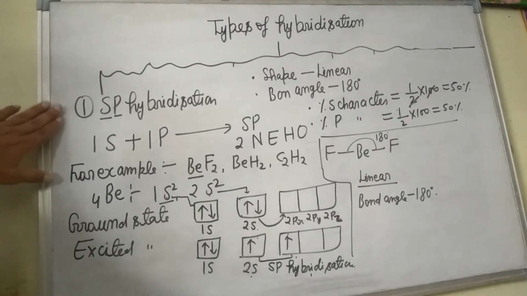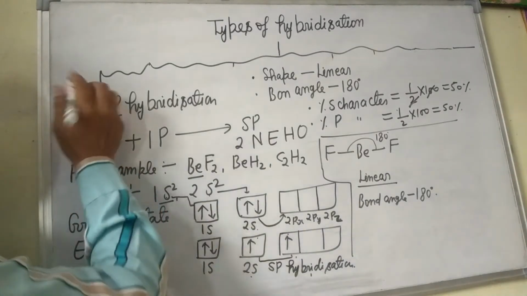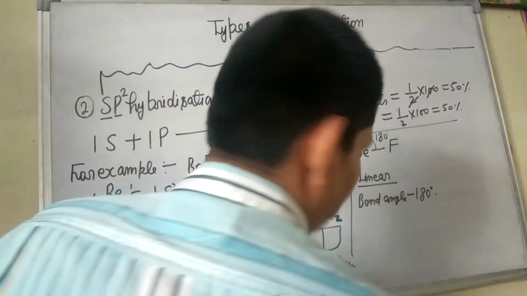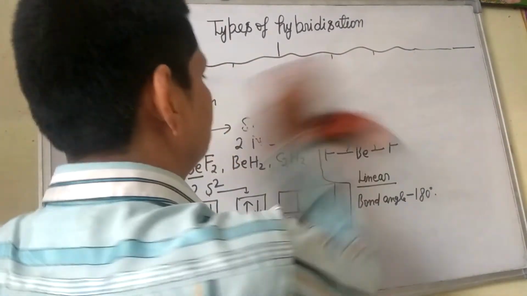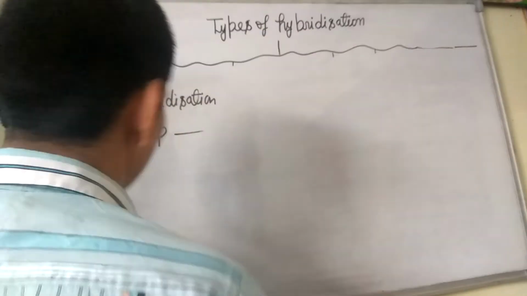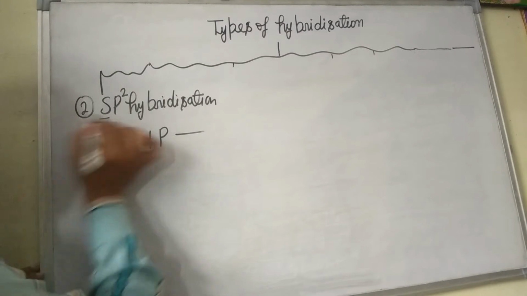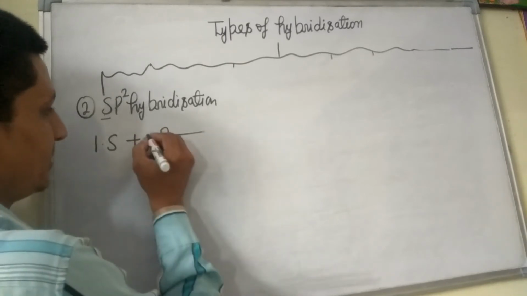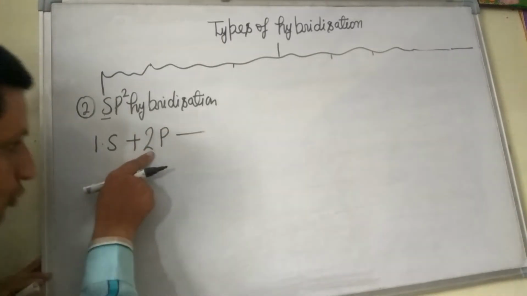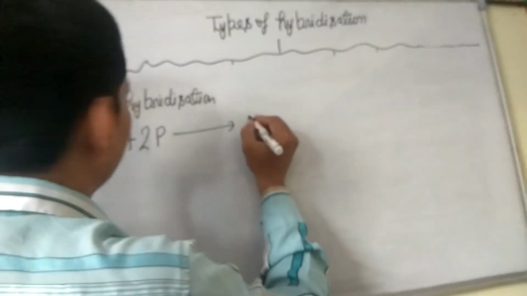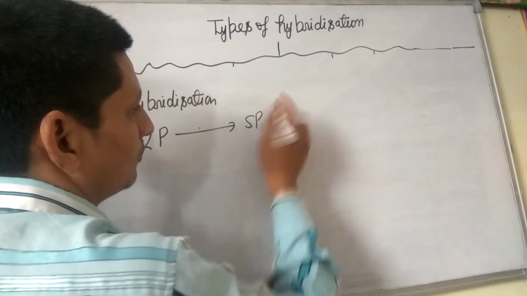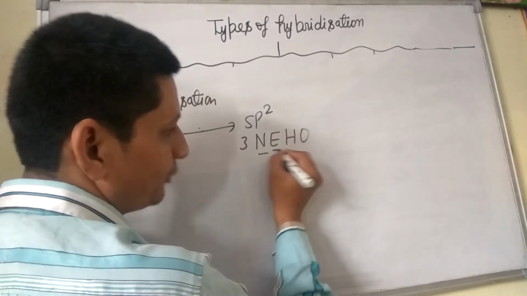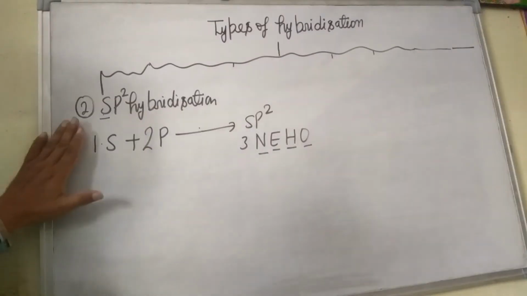Okay students, after this next hybridization that is called sp2 hybridization. So number 2, sp2 hybridization.